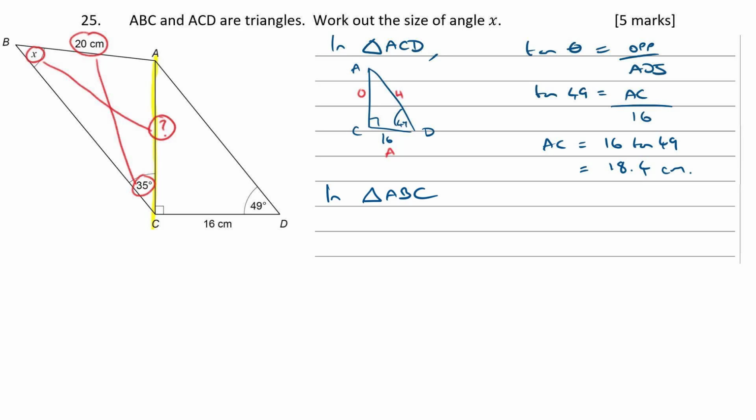I know the 35-degree angle down there. I know that that's AC, and that is 18.4. I want that angle up there, that's X. And what are the sides? B, A, and C. So B, A, and C are like that, aren't they? Okay. I know something else as well, don't I? Oh, I know that BA is 20.